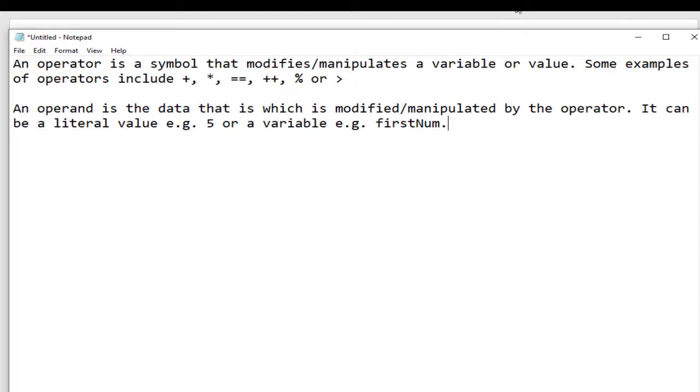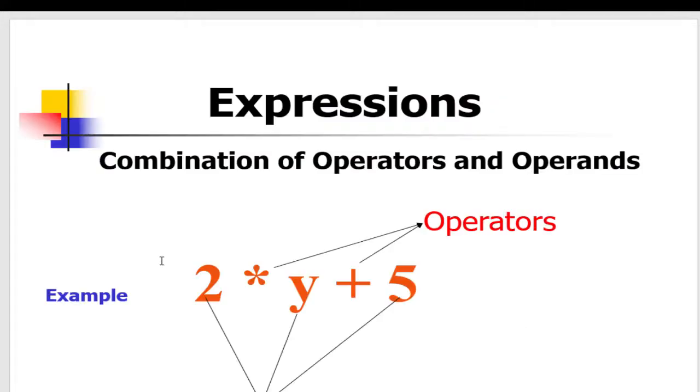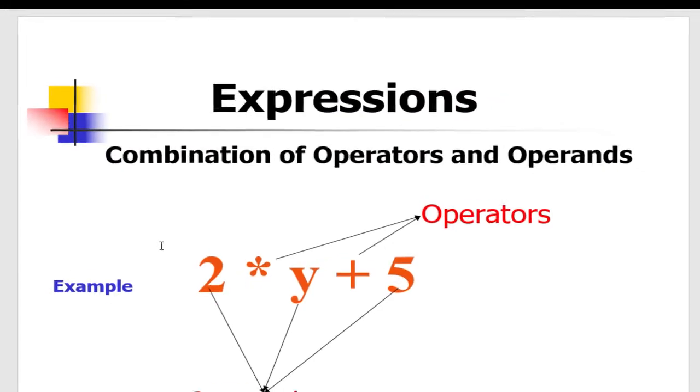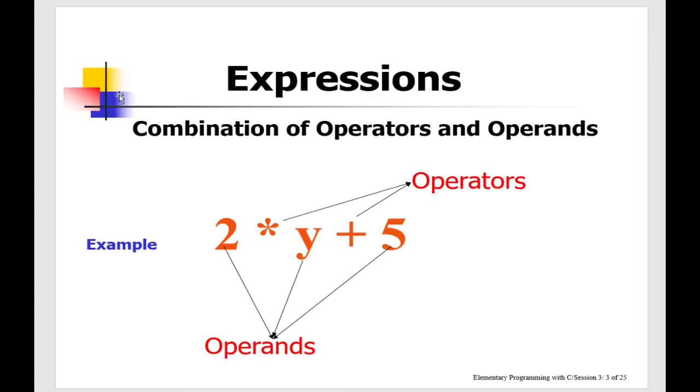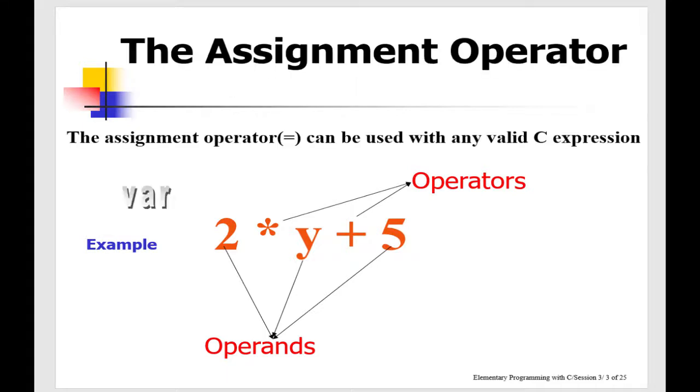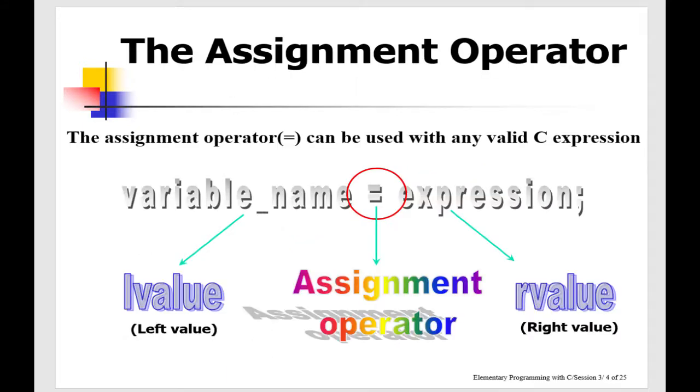Having understood what an operator and an operand are, let's look at the assignment operator in the C programming language. The assignment operator, that is the equals, can be used with any valid C expression. And we can see the general form of the assignment operator.